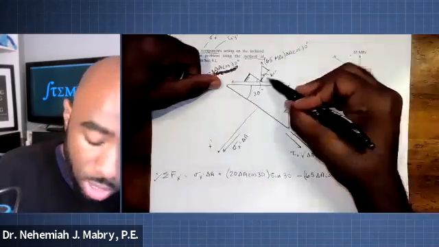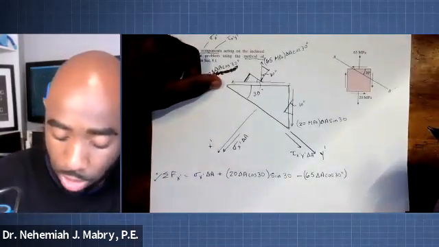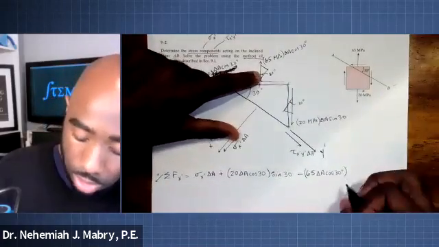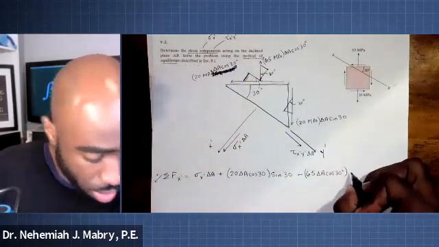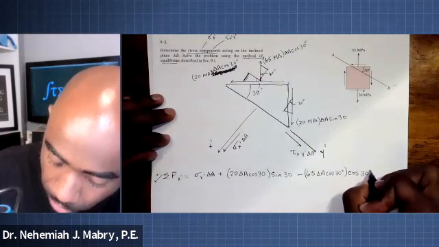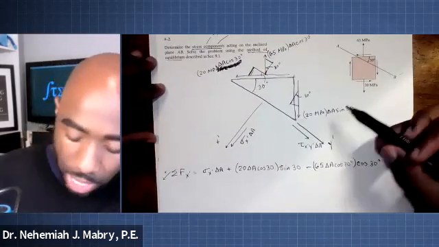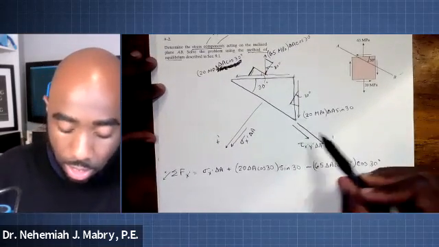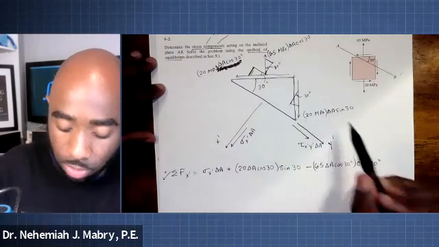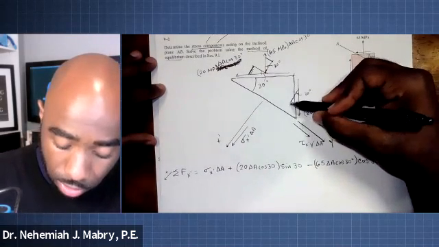But we just want the x prime component. So that's going to be times the cosine of 30. All right. Next, we got to get the x prime component of this one. So we're going to go ahead and write, because this is going down, so we know that this is this way and that way.